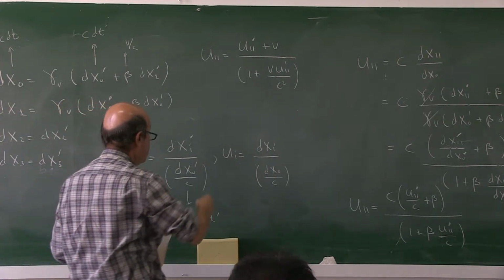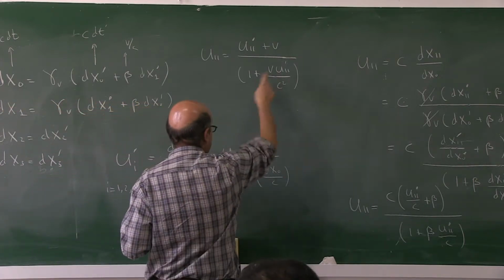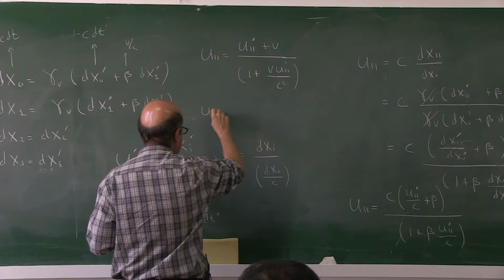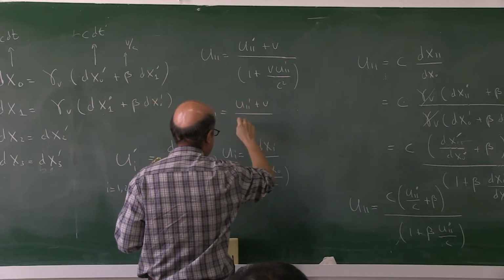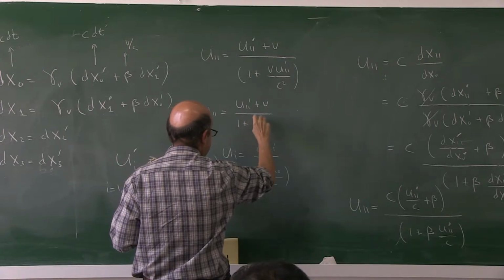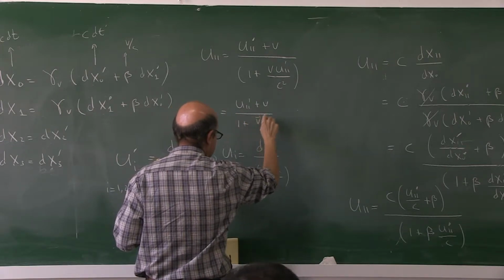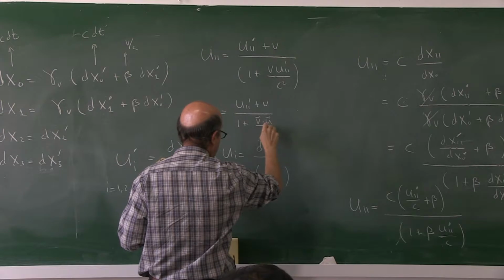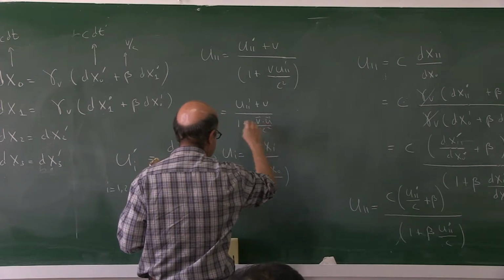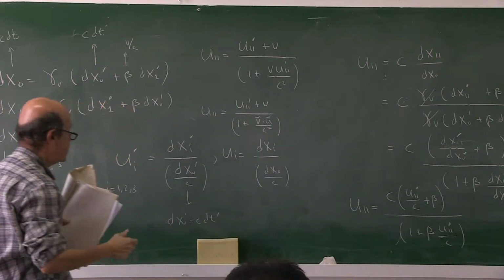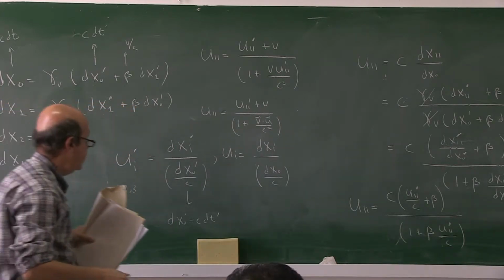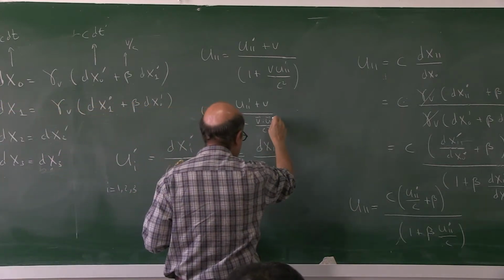So if you write again this term, that is nothing but u parallel prime plus v over 1 plus v dot u over c square. So they are the same thing. Projection of the u along the v is nothing but u parallel, and of course prime.